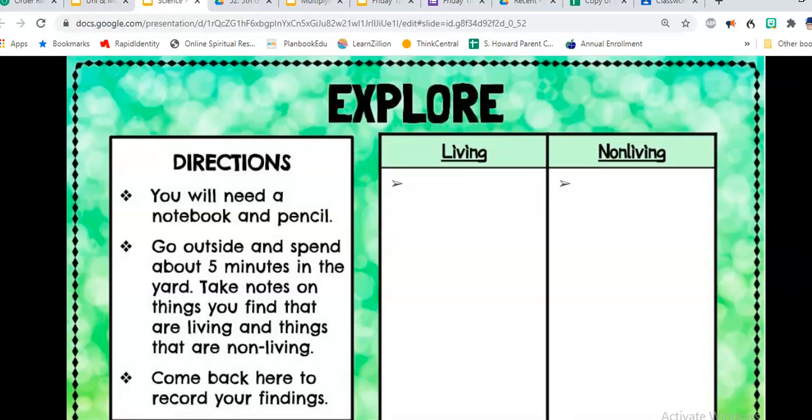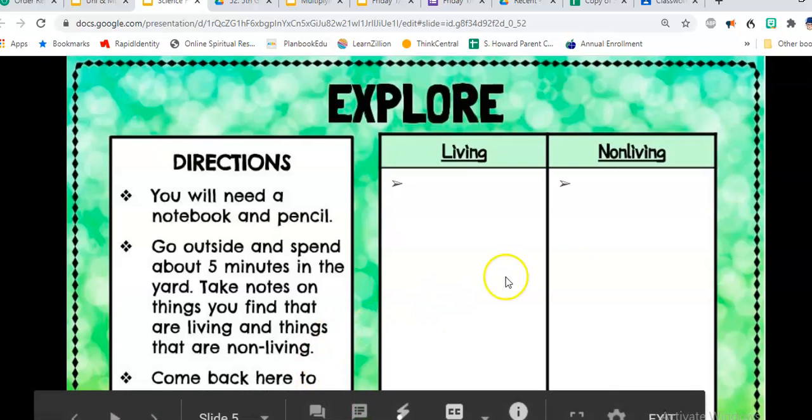My car in the driveway is non-living. There are rocks and gravel out there in the yard. The road itself, blacktop road, those are examples of non-living. And then I would also think about things like the air. Is it living or non-living? No, it's not living. Or water. So there's lots of examples of living and non-living things right in your own yard.